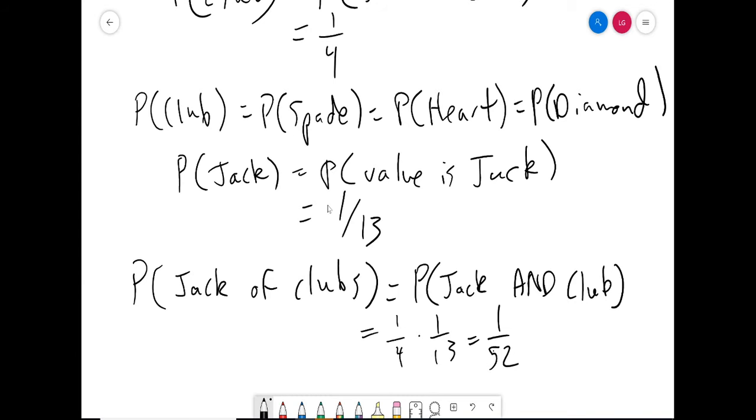And by design for these standard decks of cards, no, it does not, right? If you have a jack, the likelihood of any suit is 1/4. Similarly, if you have any suit, the likelihood of a jack is 1/13. Therefore, the interactions here are independent and we can multiply them together.